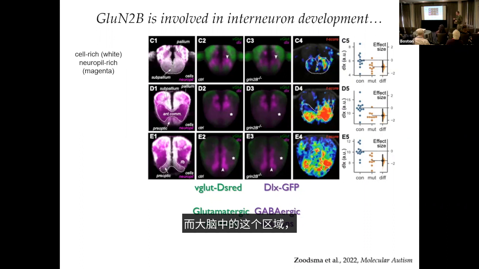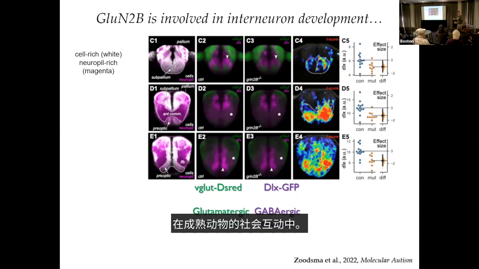There are two interesting things about this region. One, in the mature animal, it's always hard to draw an analogy to human brains, but the subpallium is the part of the brain that's implicated in social interaction.